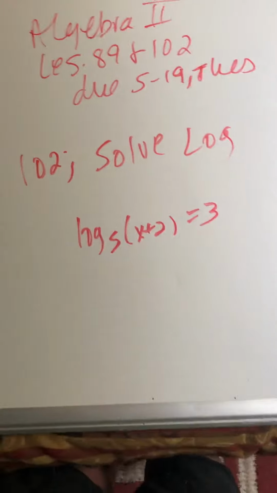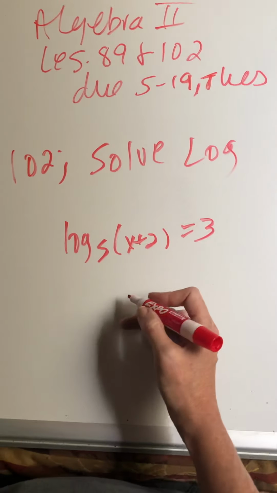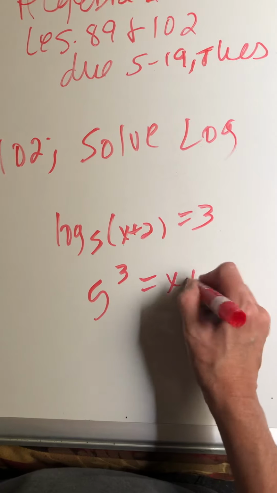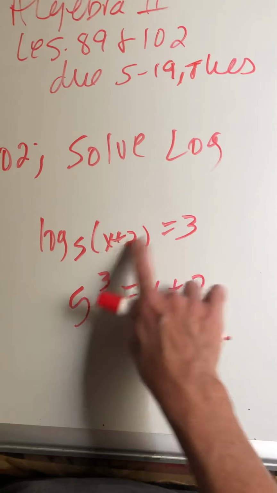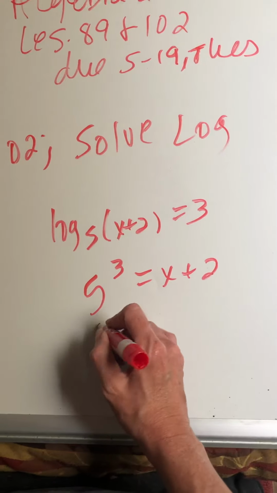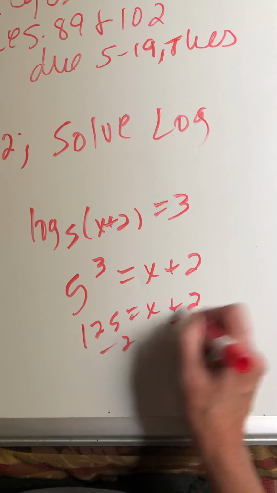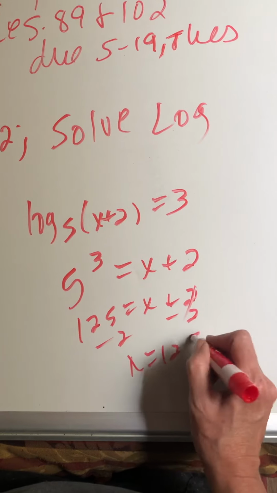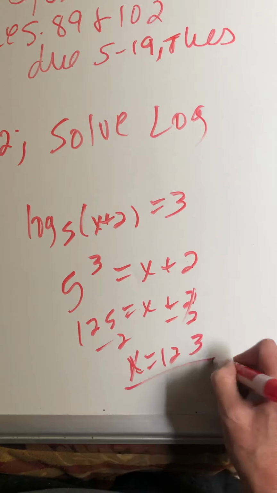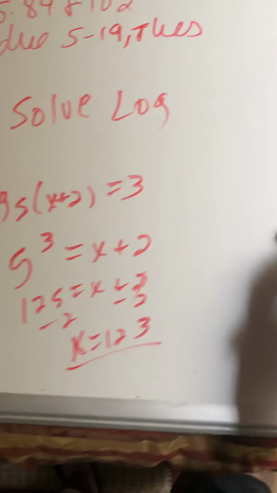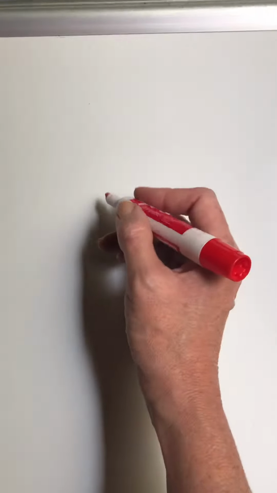So just like I showed you on the video on the review, you're going to rewrite this exponentially. So my base is 5, my exponent's 3. My answer is x plus 2. So basically the 3 and the x plus 2 change places. So this is 125 equals x plus 2, subtract 2, x is 123. Make sure the 123 doesn't make that negative or 0. You're good to go. Okay, that's the only thing you have to watch out for.